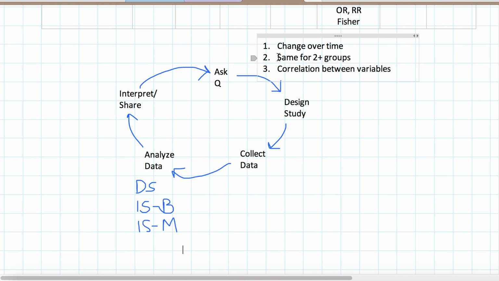If we're looking at whether a particular variable is the same for two different groups, that's a different statistical test. And if we're looking at correlation between continuous variables, then again, that bivariate inferential statistical test is going to be a little bit different. So depending on the question, that really helps us to know what kind of statistical test we're after.